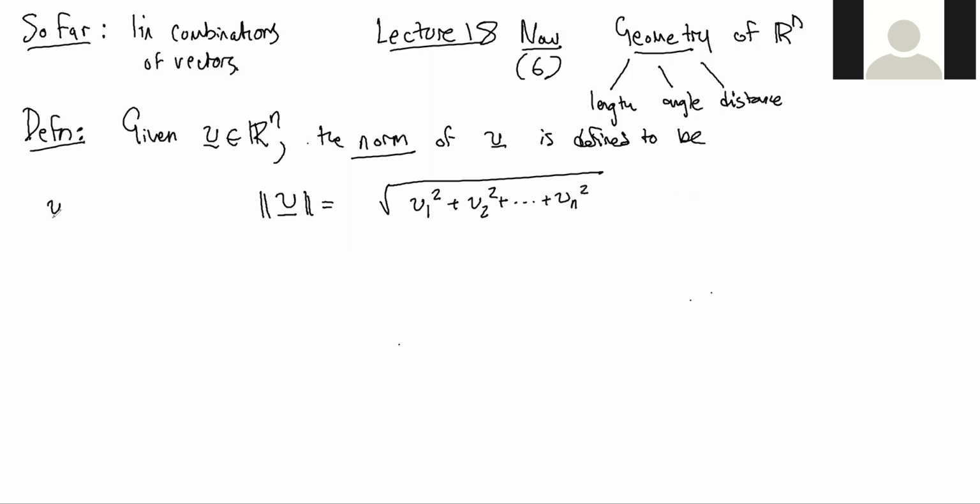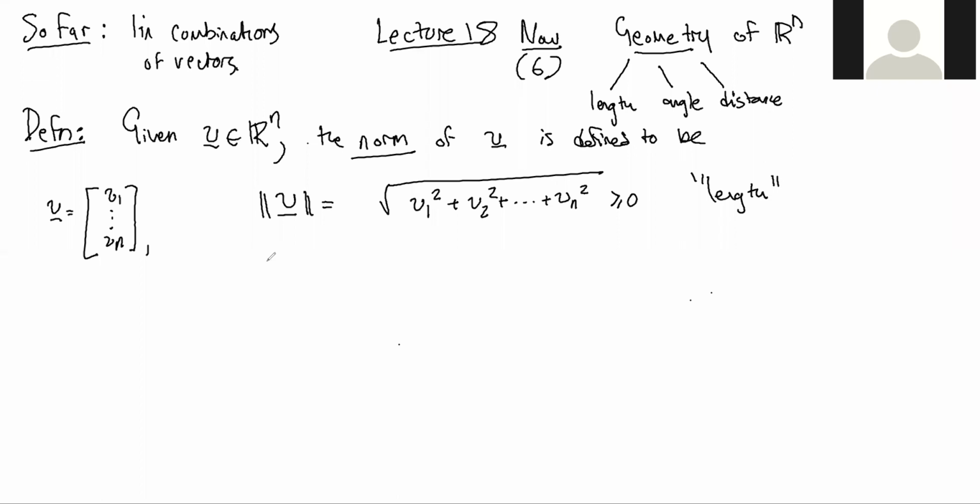And this is clearly a non-negative number, and this is going to be my notion of length. So this corresponds to the length of a vector. And there's only one vector that has length 0, that's the 0 vector.